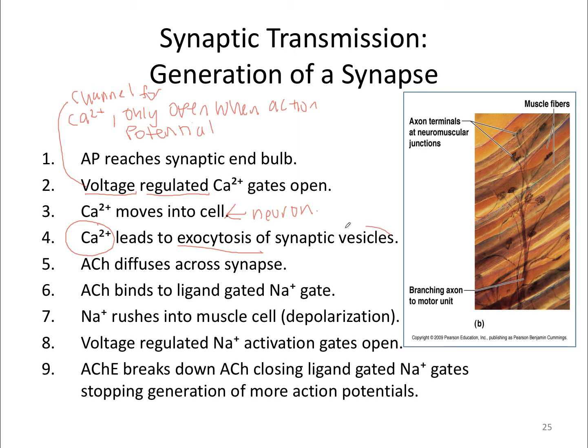So remember, a vesicle is a little bubble of membrane inside of a cell, typically generated by the Golgi apparatus. So I'm going to draw myself a vesicle here, and then inside of this vesicle is acetylcholine.